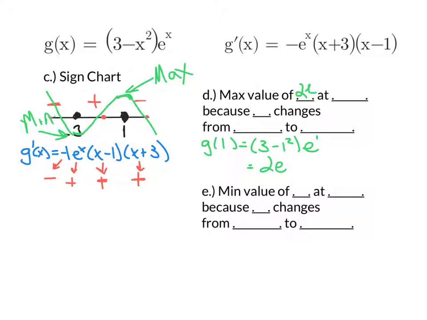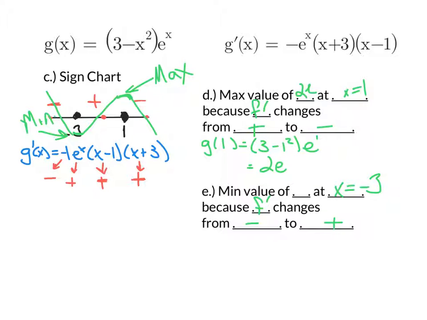It's going to occur when x is equal to 1 because the derivative, g prime, changes from positive to negative. The minimum value is going to happen at x equals negative 3 because the derivative changes from negative to positive.